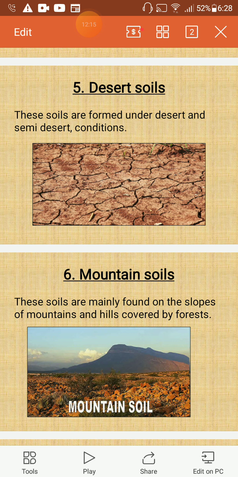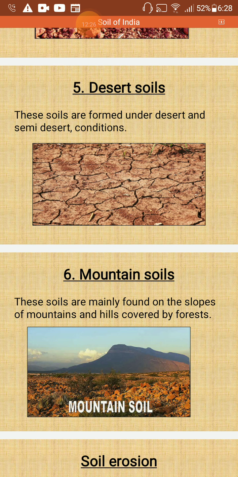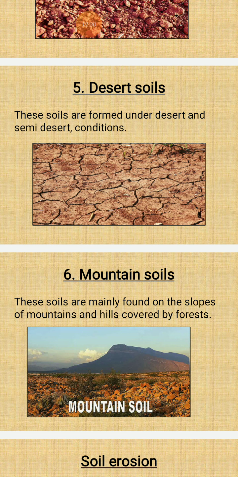These are not suitable for the cultivation of crops. Some crops can be grown where irrigation facilities are available. Example, dates, cactus, some rare thorny bushes, thorny plants, like that they can grow.